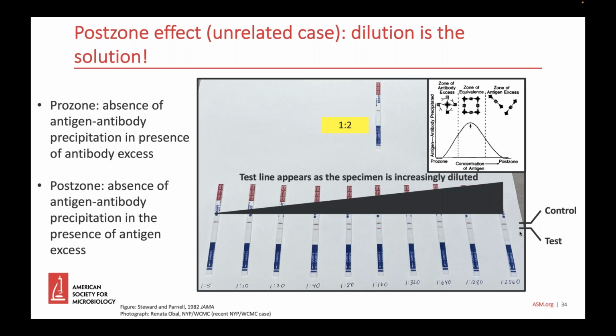So pro-zone is the absence of that antigen-antibody precipitation in the presence of excess antibody. But this isn't a test that detects antibody, it detects antigen. So this is really post-zone, where you have an absence of an antigen-antibody complex in the presence of excess antigen. And so when you get everything just right, it's called the zone of equivalence. So just want to remind you, when you're referring to the cryptococcal antigen test, it's post-zone, not pro-zone.